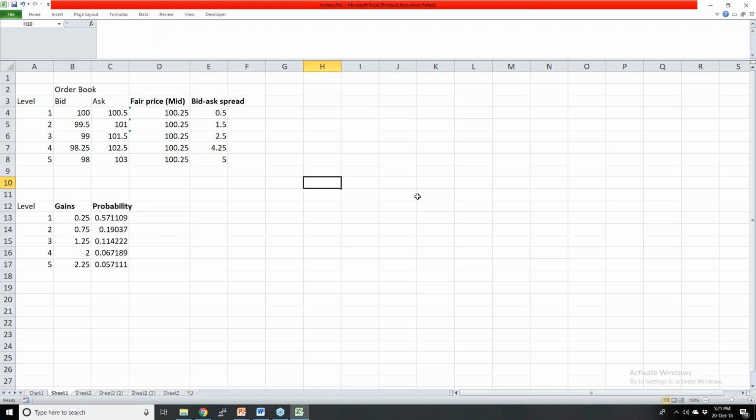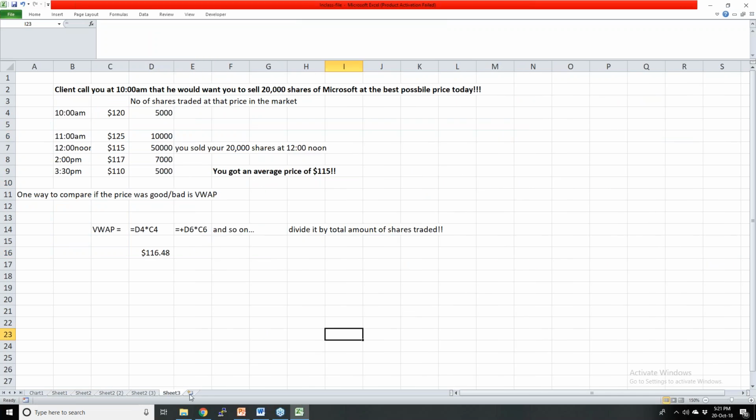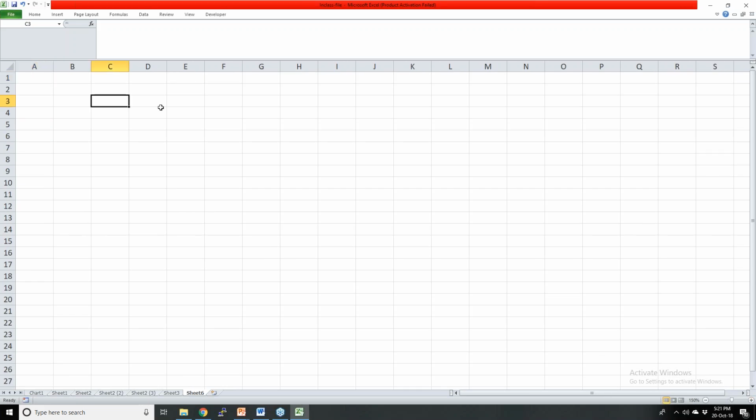You can just imagine, if the bid is 100 and the ask is 101, and I fire a market order, this will get traded at 101. So say the fair price here is 100.5.